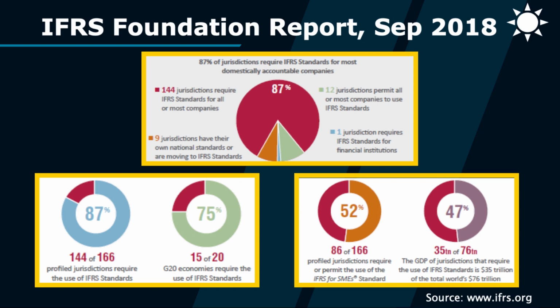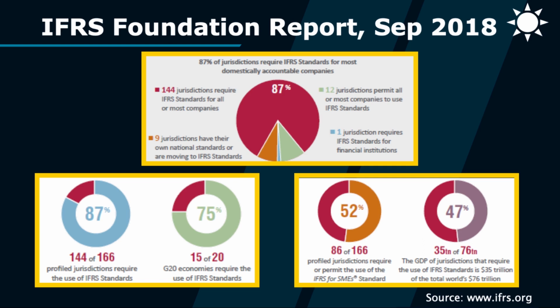Out of 166 profile jurisdictions, 144 require IFRS standards for all or most companies. 12 jurisdictions permit all or most companies to use IFRS standards. 9 jurisdictions have their own national standards or are moving to IFRS standards, and only one jurisdiction require IFRS standards for financial institutions. 15 of 20 G20 economies require the use of IFRS standard.